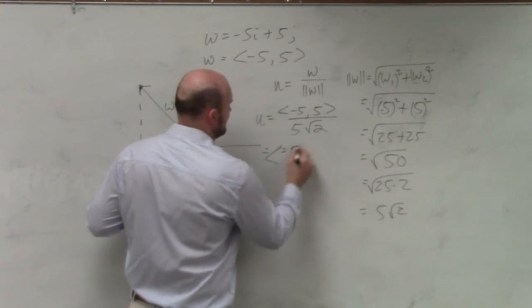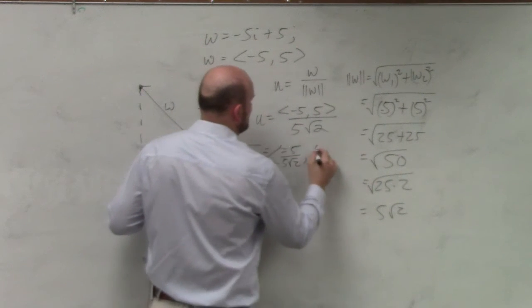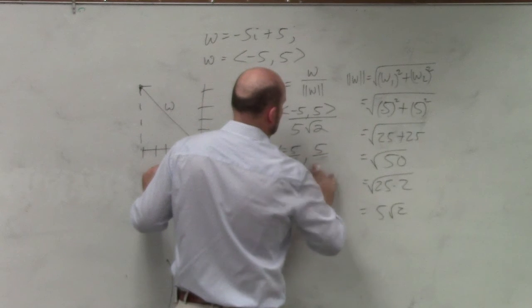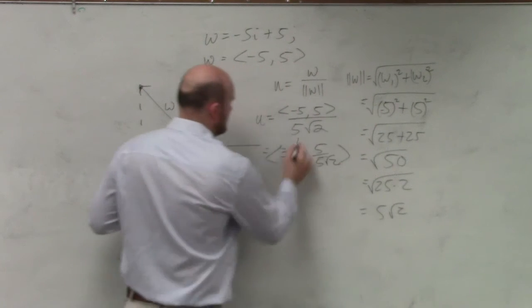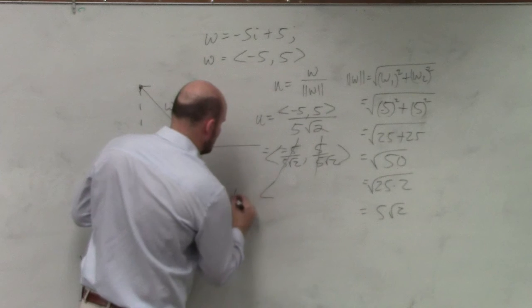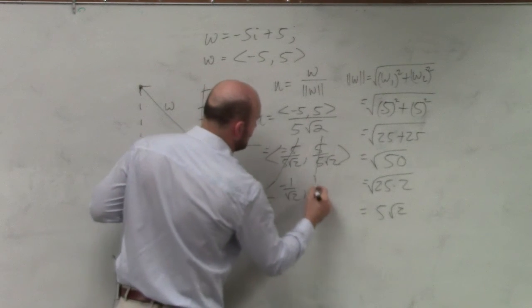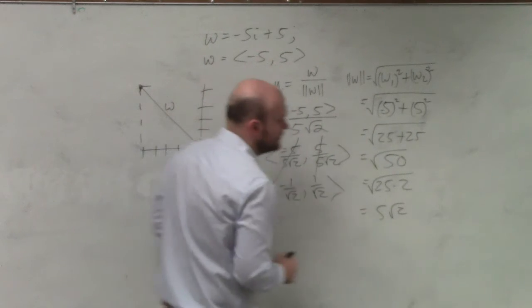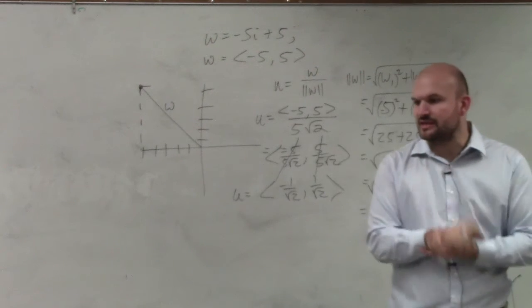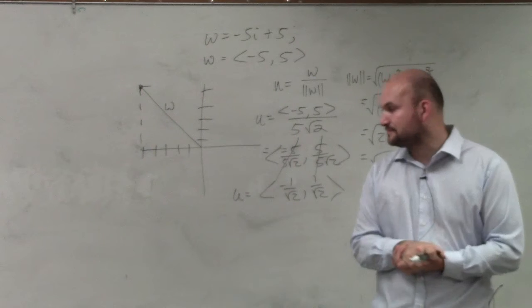Therefore we get negative 5 over 5 square root of 2, comma 5 over 5 square root of 2. My unit vector is now negative 1 over the square root of 2, comma 1 over the square root of 2. We do not need to simplify; leaving it like that is perfectly fine.